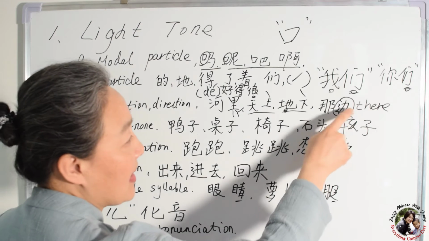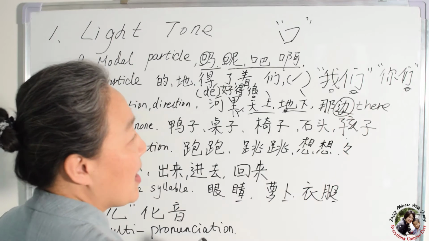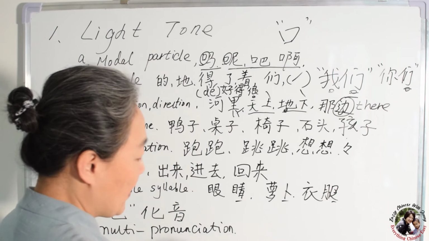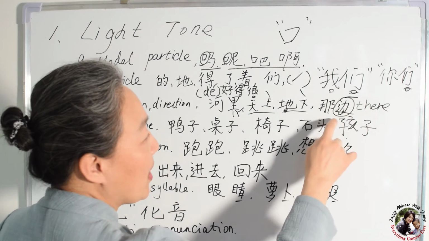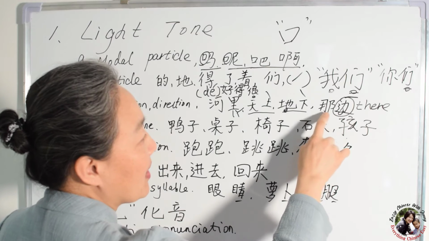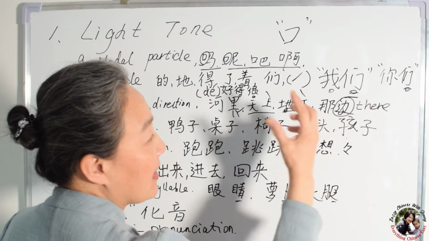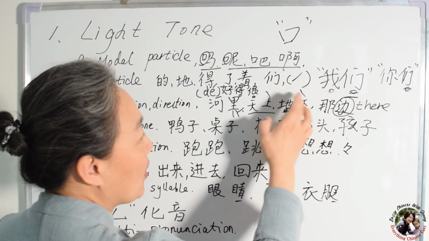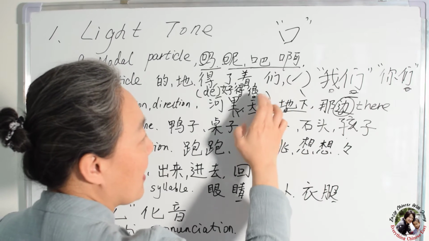Side, that side. Alone it's first tone, but at the end of this word, you say 那边 with a light touch tone. You don't pronounce the original tone it has when it's alone.